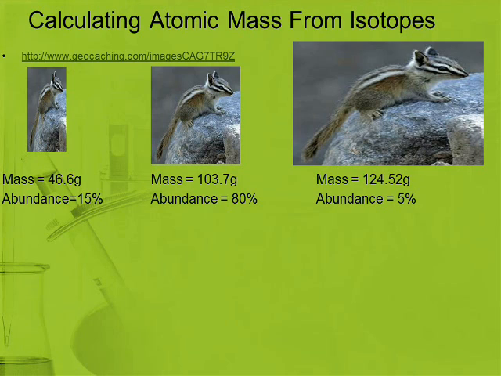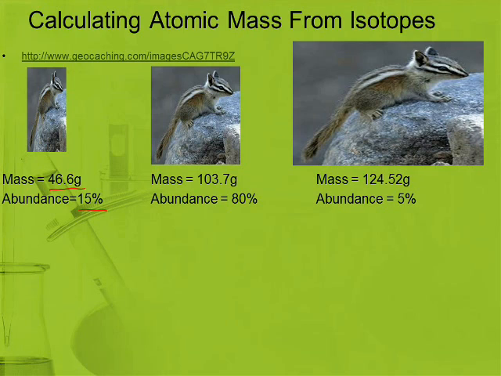Anyway, if we were to look at these little chipmunks, we have a little one, a medium-sized chipmunk, and a large chipmunk. And these are actual sizes of the ranges of chipmunks, from 46 grams all the way up to about 125 grams. Looking at relative abundances, this says that 15% of the chipmunks out there have a mass of 46.6 grams.